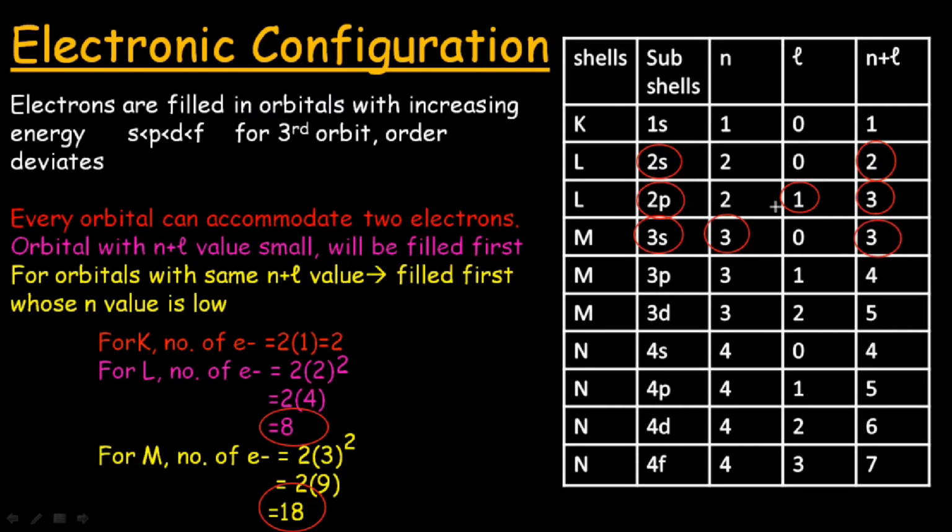Now here you see that the n plus l value for 2p and 3s is the same, which is 3. Now you have to fill first that orbital whose n value is small, as 2p has principal quantum number, or n value, 2 and 3s has n value 3. So you have to fill 2p first because it has a small n value.